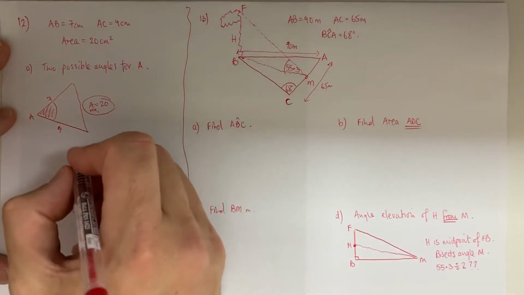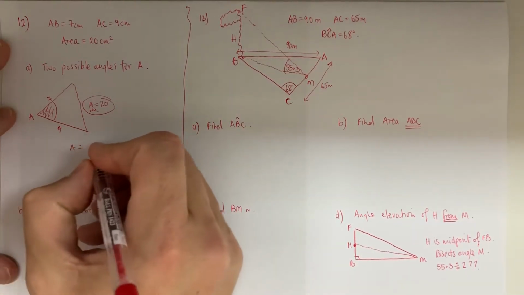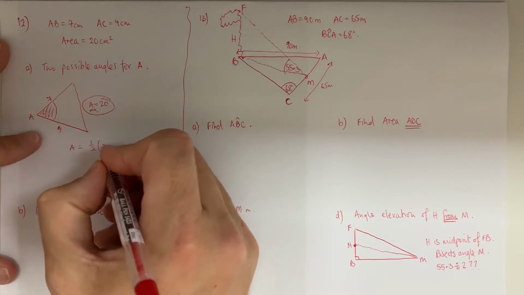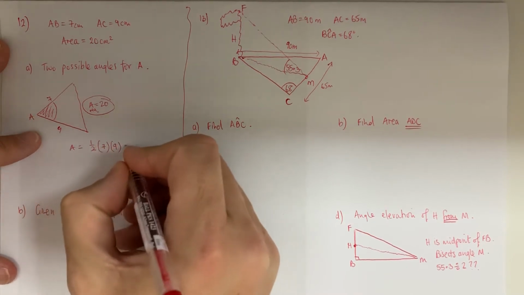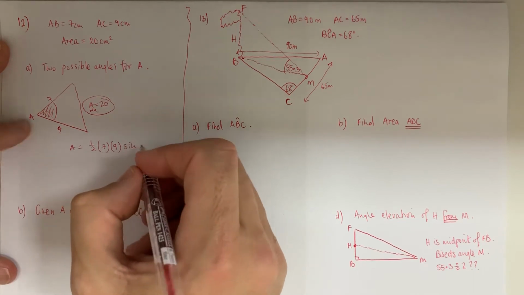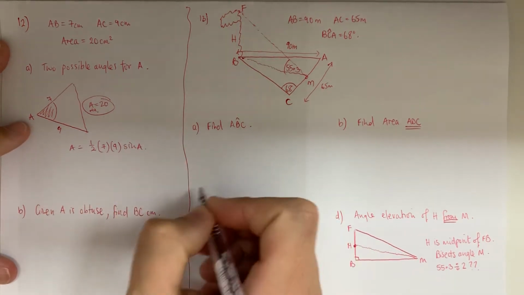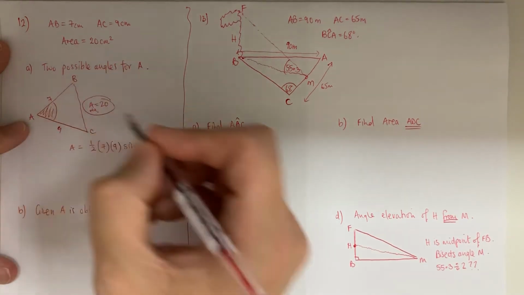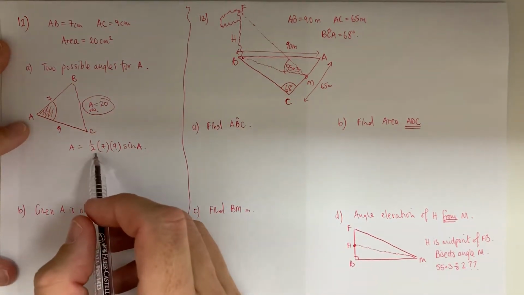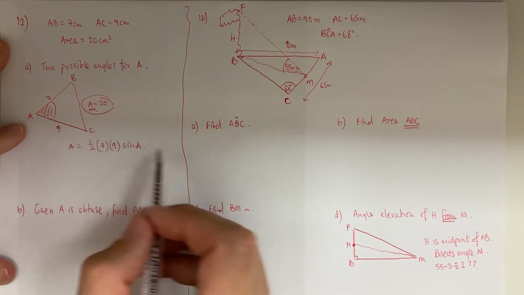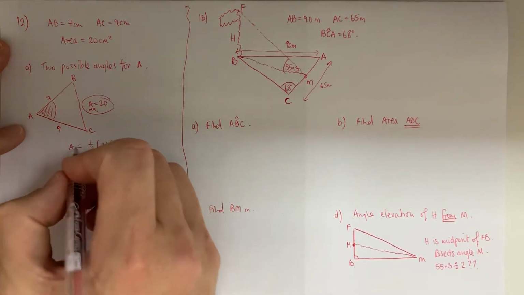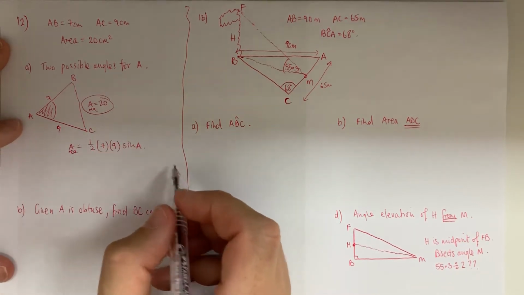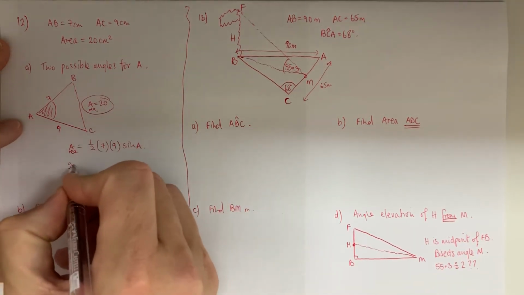So straight away, area is equal to a half times 7 times 9 times sine A. So that's B and that's C. So a half, in this case, is BC sine A. Not to get confused, this is area, not A. It tells me the area is 20, so I'm going to substitute it in.